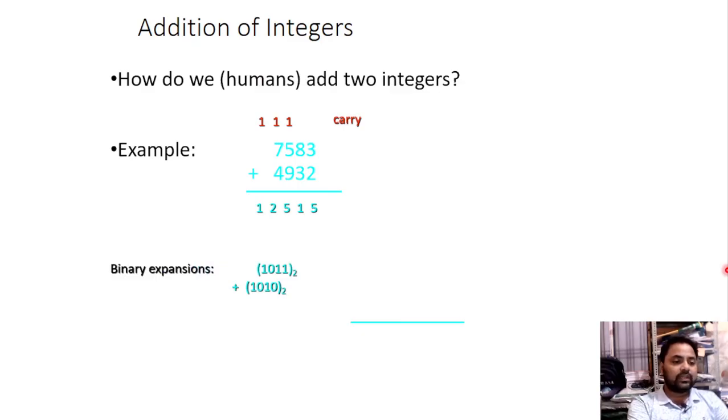And here is the binary expansion: 1011 to the base 2 plus 1010 to the base 2, and 10101 is the addition of the binary expansions.